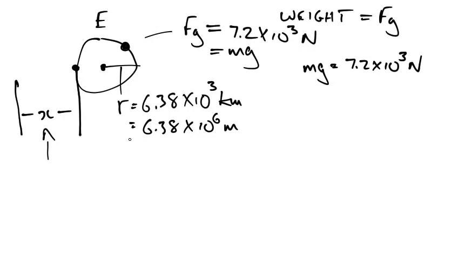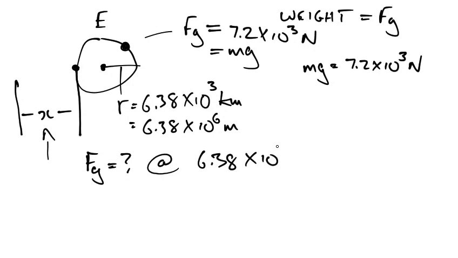So it says, what is the force of gravity? Find the weight, which is the force of gravity, at 6.38 times 10 to the power of 3 kilometers, which is the same thing as 1 Earth radius. So if the spacecraft is 1 Earth radius above the Earth's surface, what's the force of gravity?